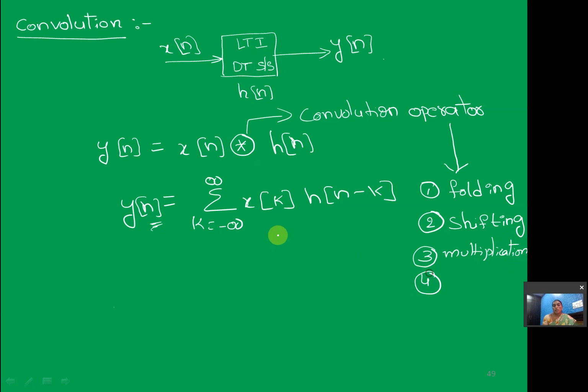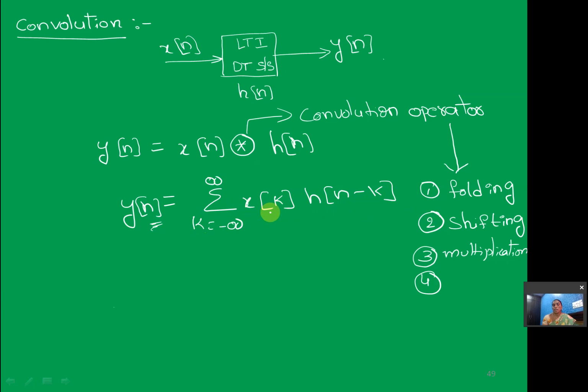And next, after multiplying, the k value is from minus infinity to infinity. So we should substitute the k values, and then add the individual product terms.